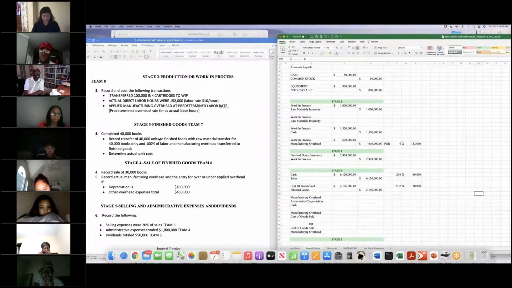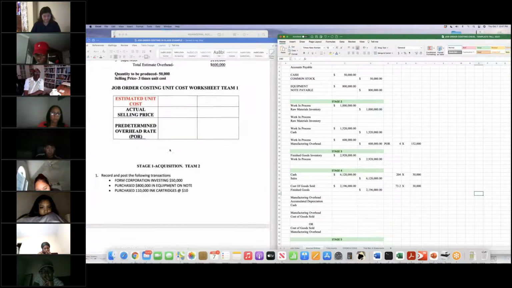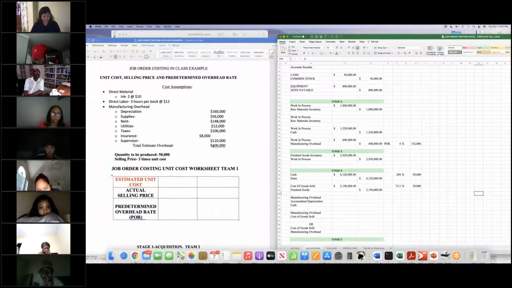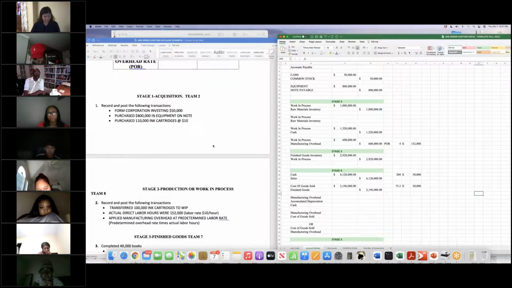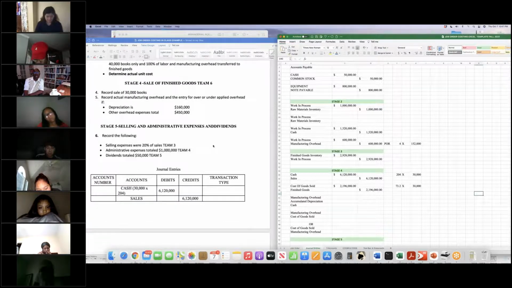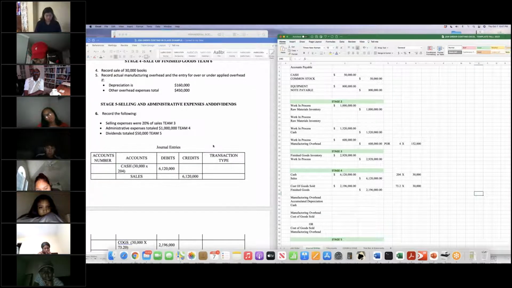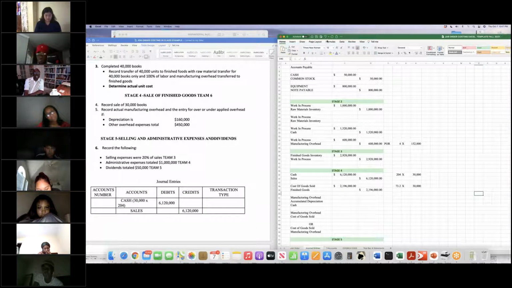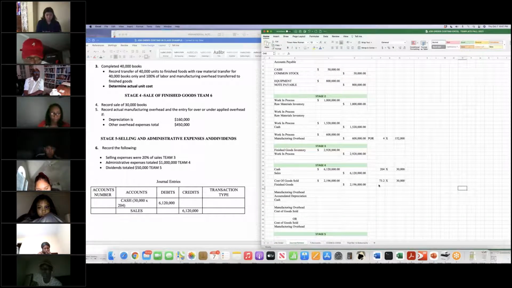Remember we said we estimated the overhead. That was going to be 600,000. But then the hours went off, so we ended up charging 608. That's what we put in the process. But when we get to the actual overhead incurred, it says that there was depreciation of 160,000.